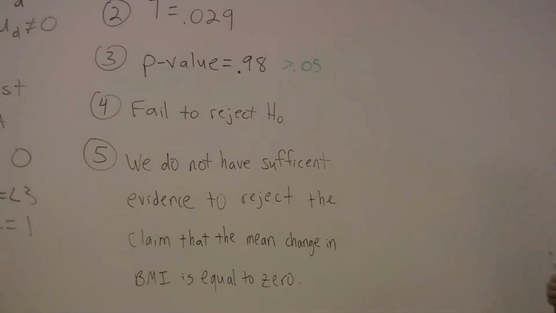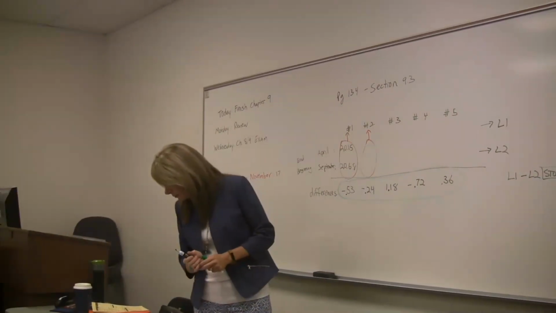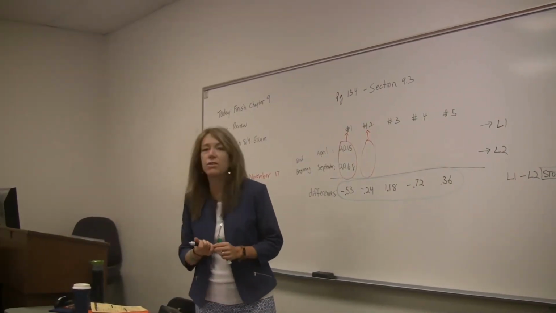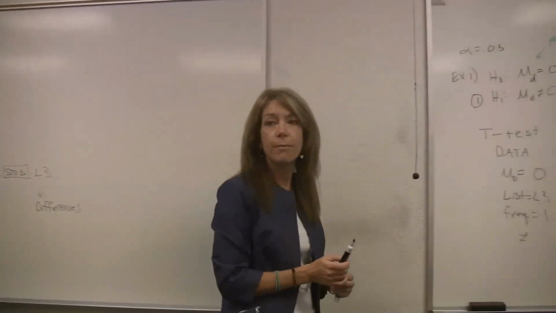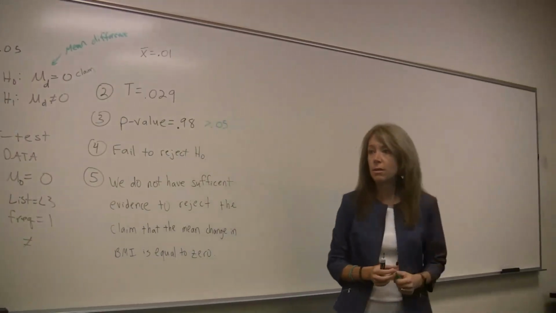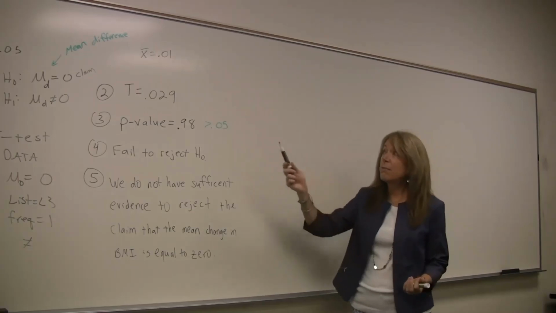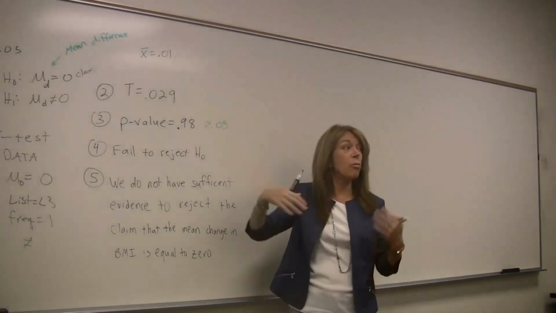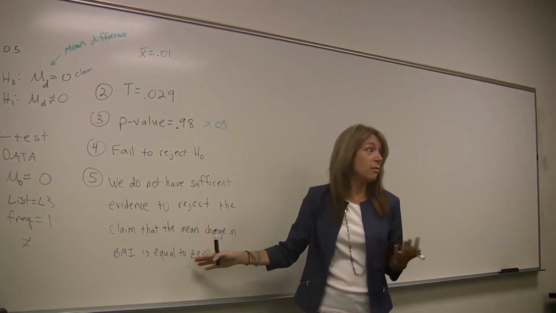Is there a follow-up? I forget to read it. Looks like the whole thing. Does BMI appear to change during freshman year? Ms. Brunt's back there shaking her head saying no. It's like minute. So the sample had a minute change, but for the whole population, did we find evidence to reject that it was 0?